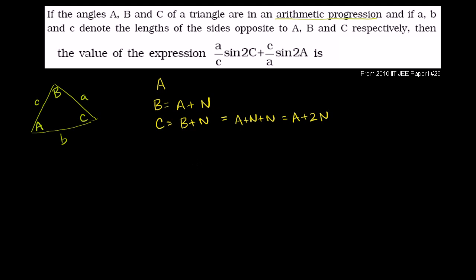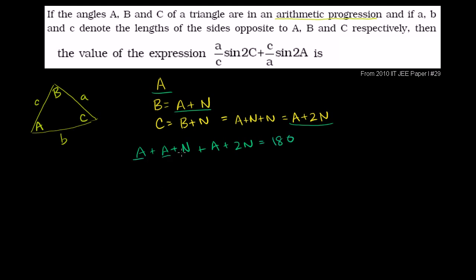So what does that do for us? Well, the other thing we know about three angles in a triangle is that they have to add up to 180 degrees. So we have A plus A plus n plus A plus 2n equal to 180 degrees.